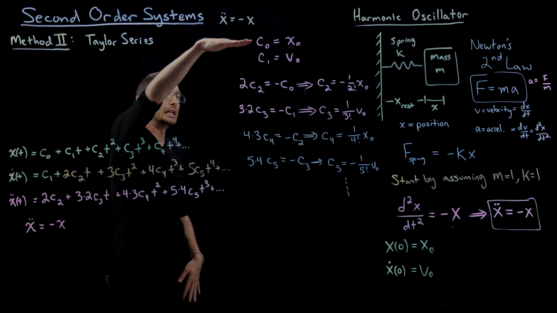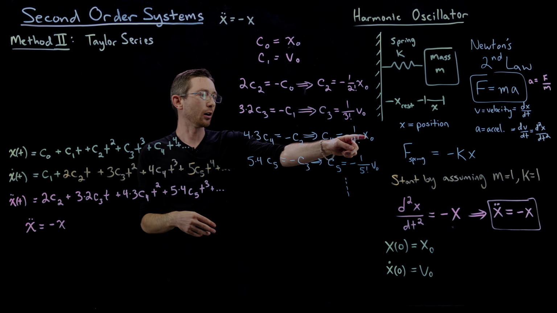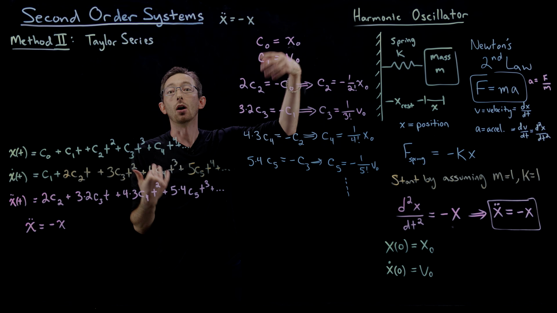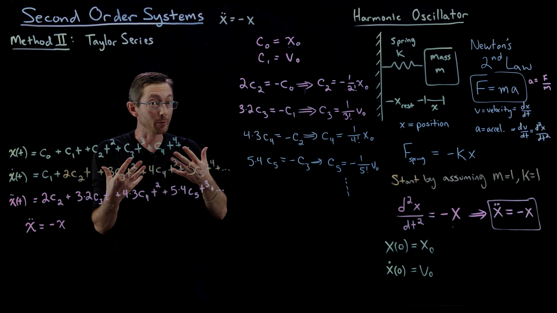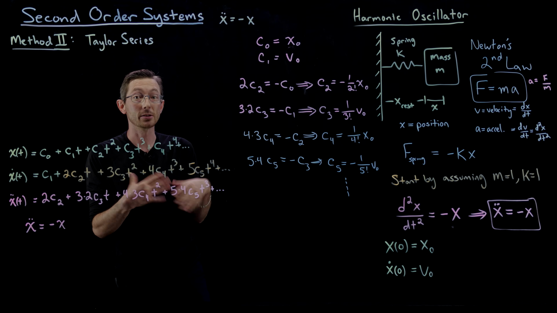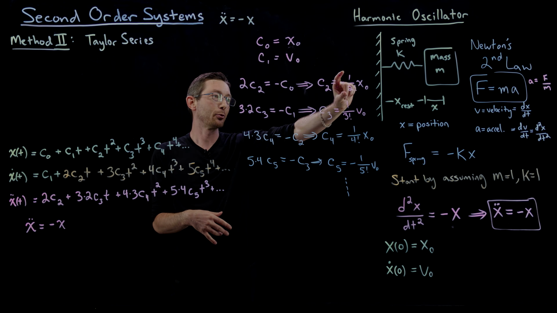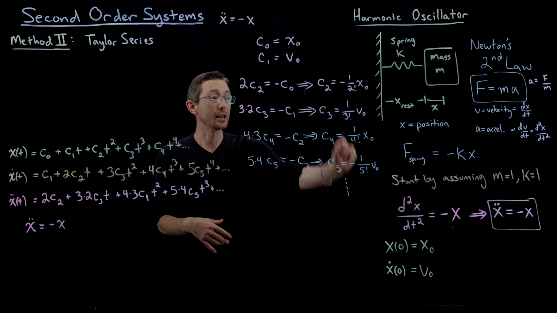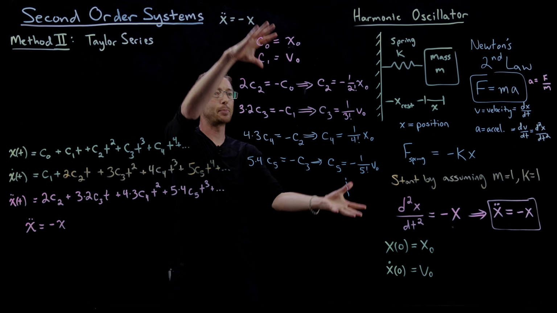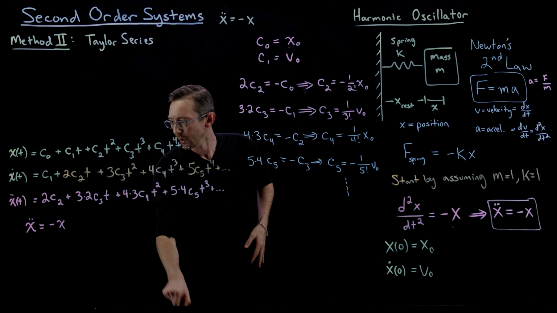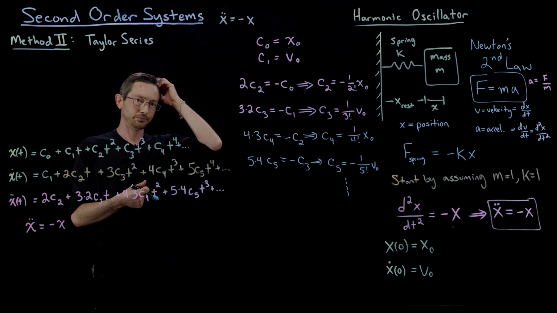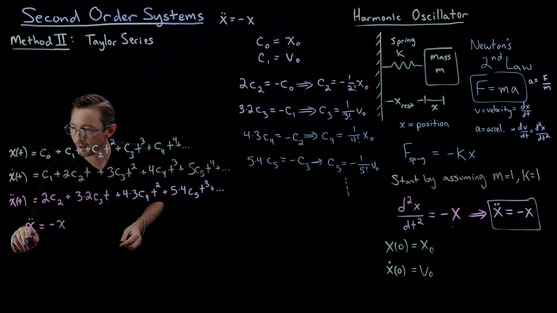All of the even terms are multiplied by x0s. All of the odd terms are multiplied by v naughts. And again, if you are pretty familiar with exponential functions and sines and cosines and their power series, you'll recognize pretty quickly that these are starting to look like cosine and sine components. But let's put those all together for x of t and see what we get.